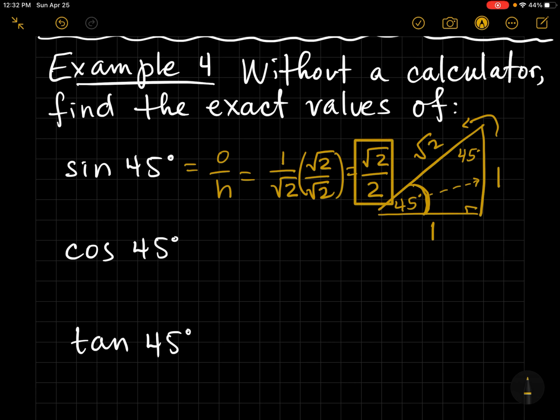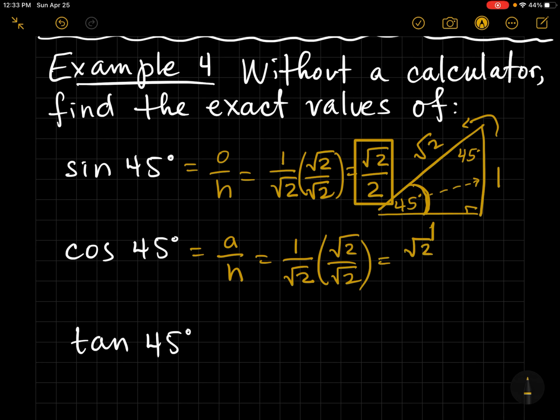Final answer for that. Now for the cosine, that's adjacent over hypotenuse. So that would be 1 over the square root of 2. So we get the same exact value because those legs are the same.